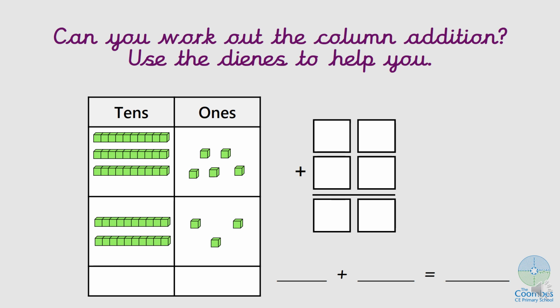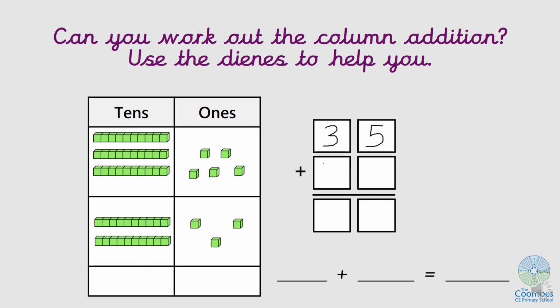Let's see if you got it correct then. So let's have a little look at our first number. We've got 3 tens and 5 ones. So at the top of your column addition, you should have 3 tens, 5 ones, 35. Looking at our next number, we've got 2 tens and 3 ones.